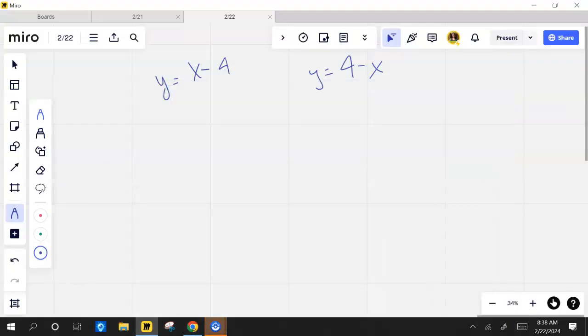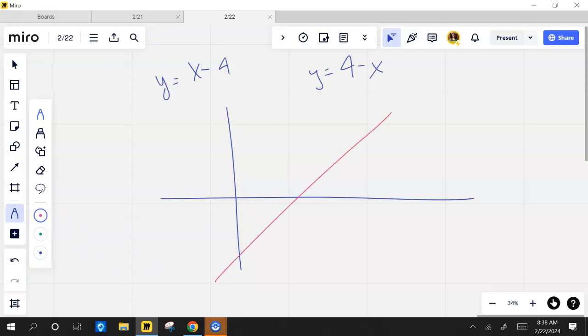X-axis. Okay. X minus 4 is a positive slope, intercept at 4. All right, what's my shape? This is 4 minus x, this is x minus 4.